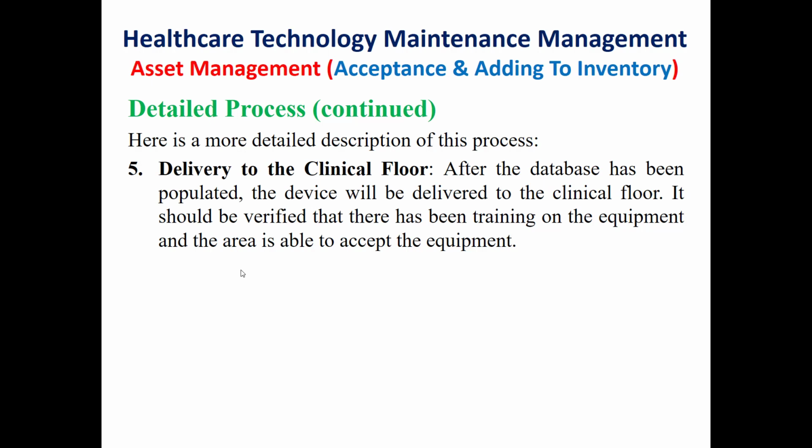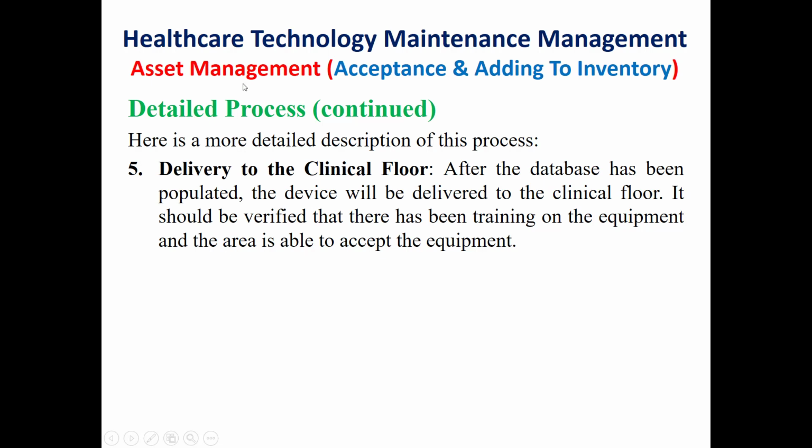The third point will be a full inspection, including electrical safety and performance testing, in order to ensure that this device or system will be safe prior to use on patients and to establish a baseline. The last point will be the delivery of this device or medical system to the clinical floor.